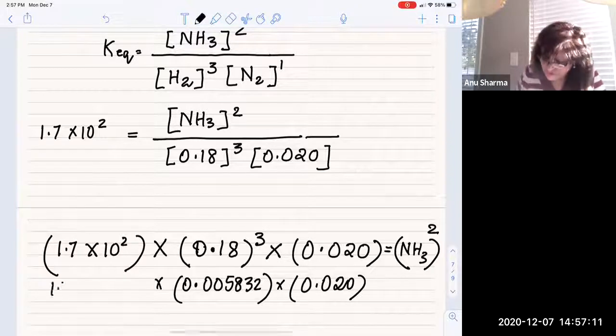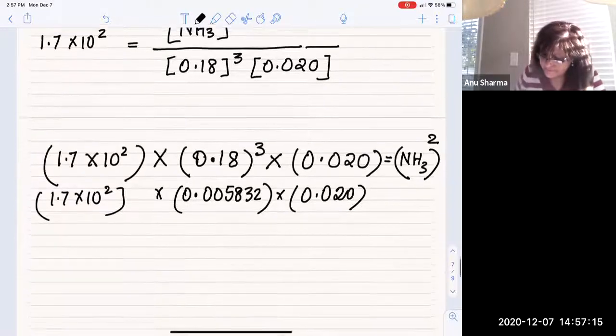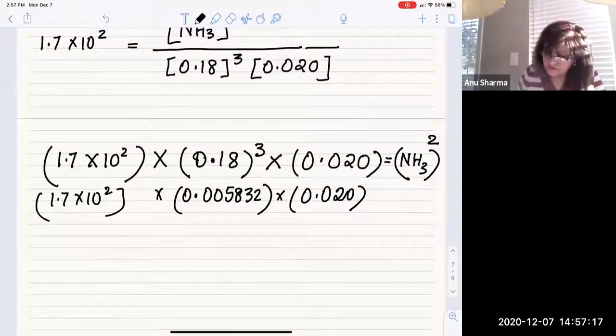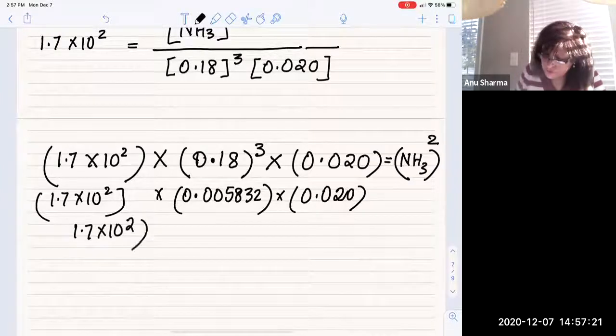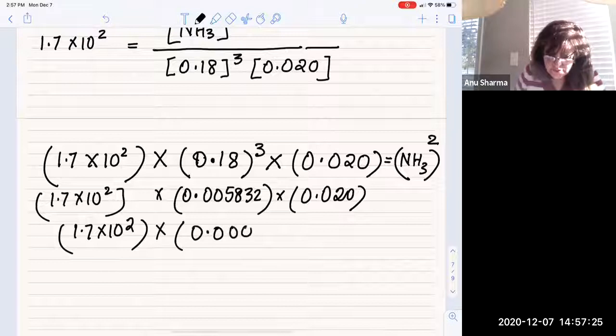Just do this, 1.7 times 10 to the power 2 times 0.000116664.